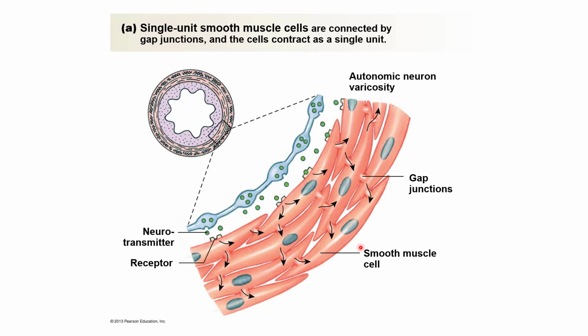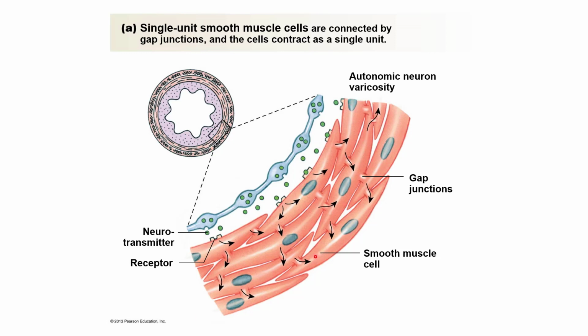Single unit versus multi-unit can be described by how that smooth muscle contracts. In a single unit smooth muscle, we have the varicosities that release the neurotransmitters, and then we have gap junctions between all of our smooth muscle cells, so that if we have contraction of one, it's going to allow those intracellular calcium concentrations to be shared throughout all of the cells.